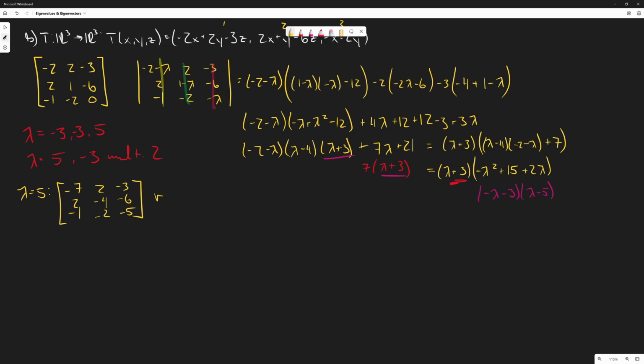And so to find the vector, again, we'll do a little bit of guess and checking. The second row looks like it's the easiest one. So we can simply do negative 1, 1, and then negative 1.